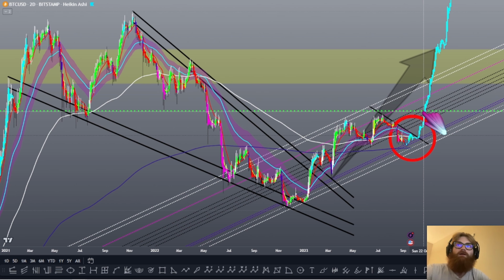Once we cross that, then I personally believe that the breakout target of this macro falling wedge, whether you want to look at it as a cup and handle, the megaphone, or whatever other pattern, will then fulfill some sort of action into this price range. It could happen something more like this, where we hit the bottom, consolidate here for a period of time, then go up towards the top, and then come back down.